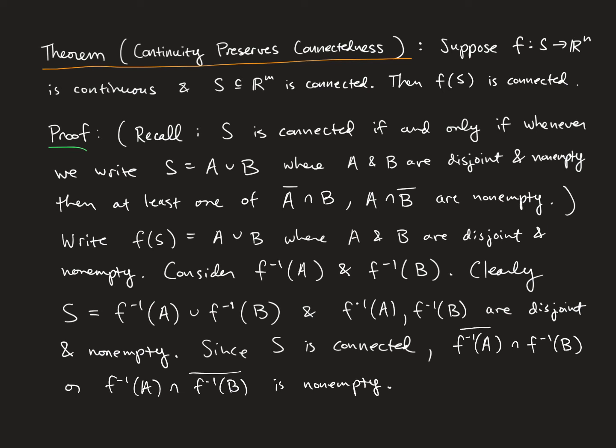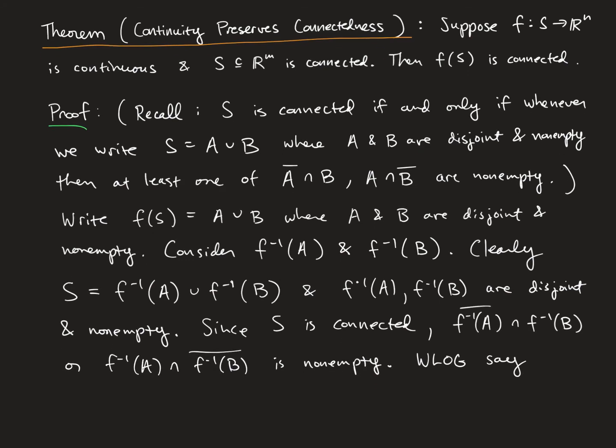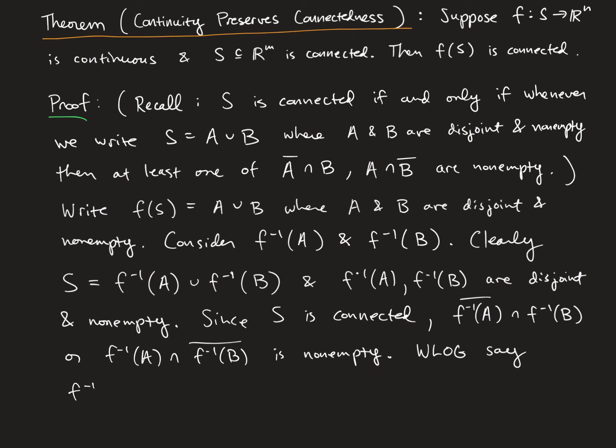So without loss of generality, just by relabeling A to be B and B to be A, it doesn't matter, say that F inverse of A closure intersects F inverse of B is not the empty set.